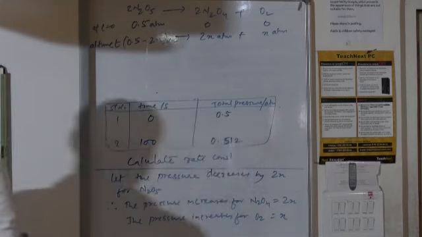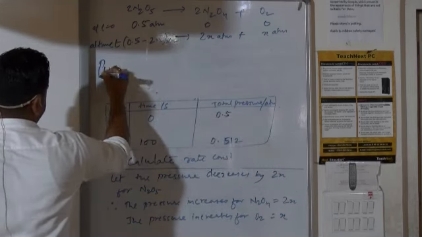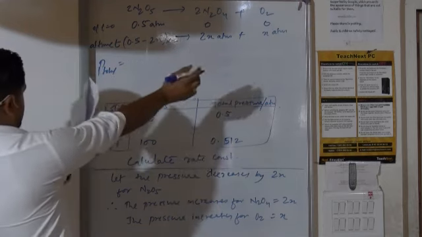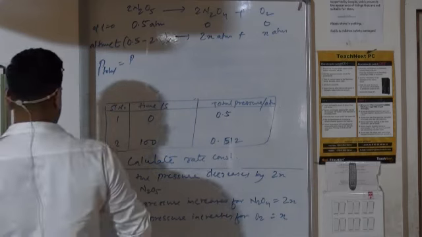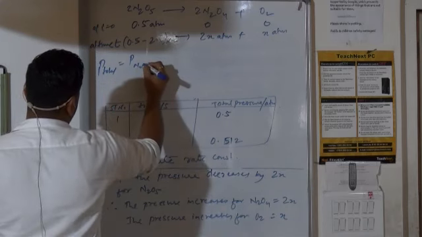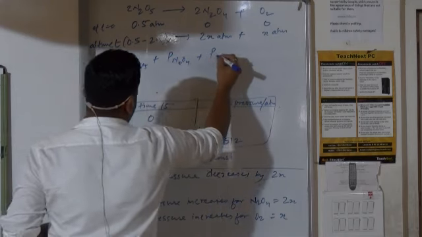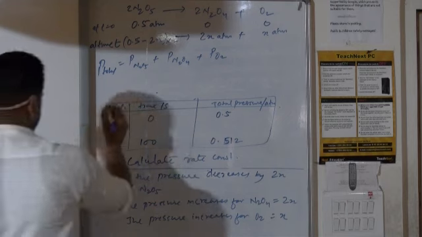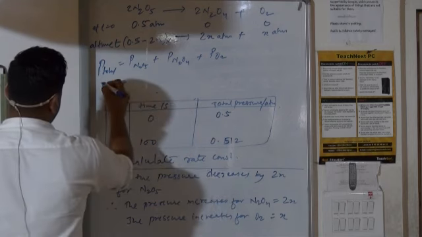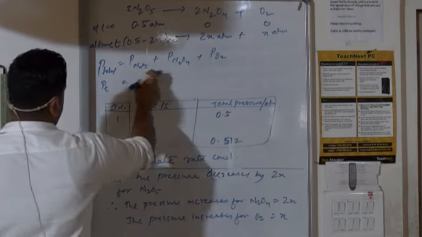According to Dalton's law of partial pressure, P total is equal to the partial pressure of all the components, that is P N2O5 plus P N2O4 plus P O2, partial pressure of oxygen. Yes. So let me write PT. What is the partial pressure of N2O5?